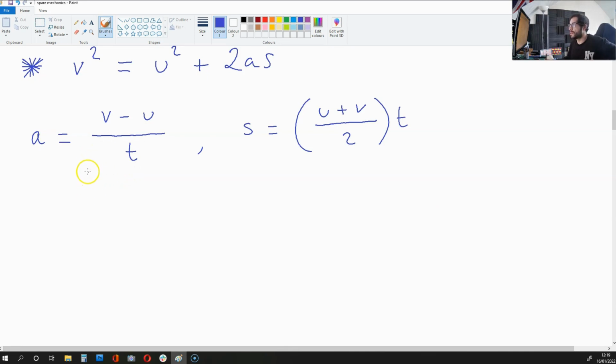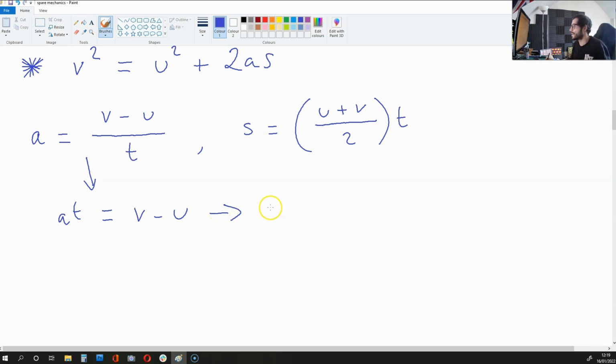Now watch what happens when we multiply both sides of this equation by T. We get AT is equal to V minus U. We can change this equation again. We can divide both sides of it by A. Okay?